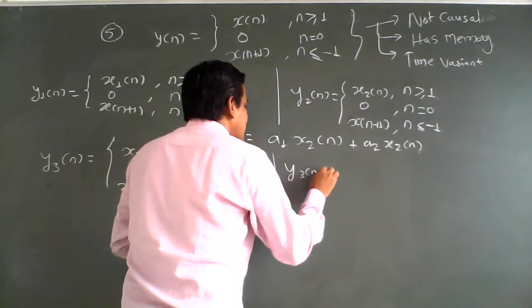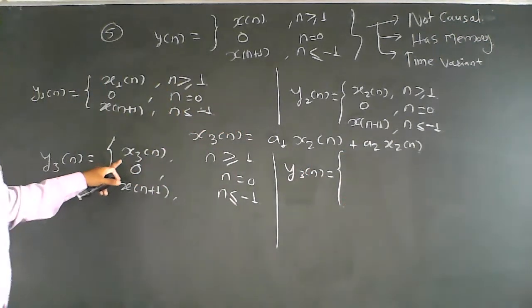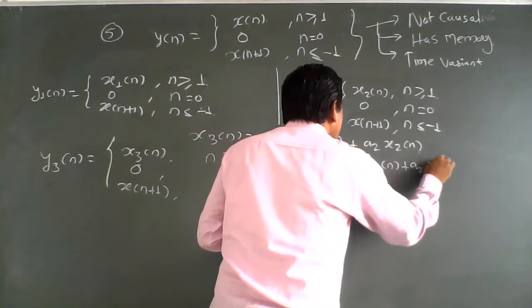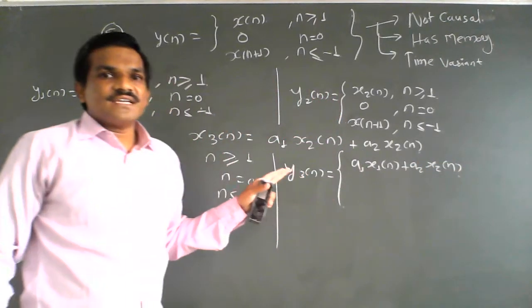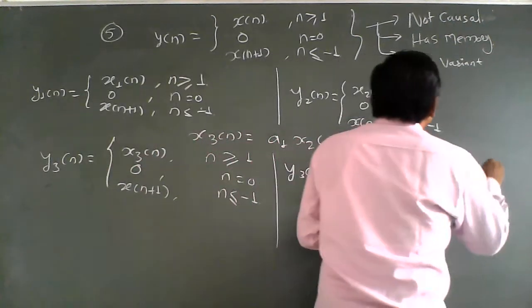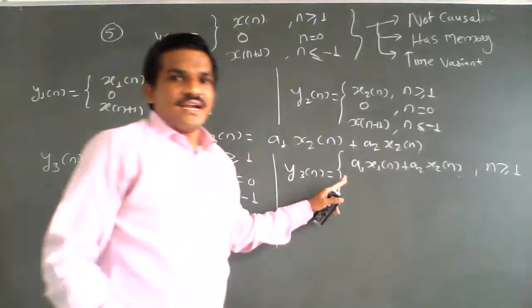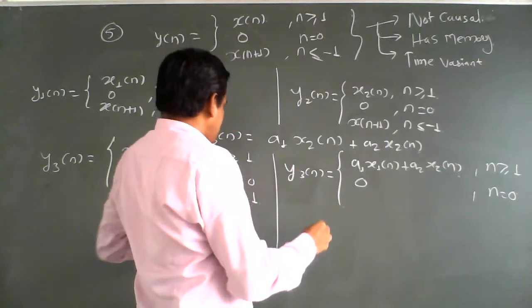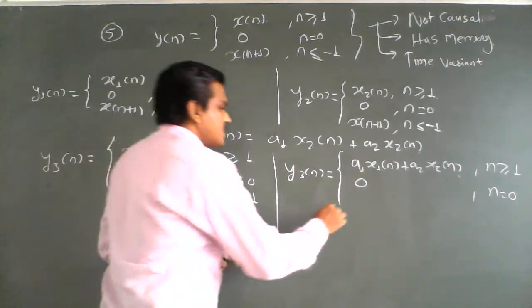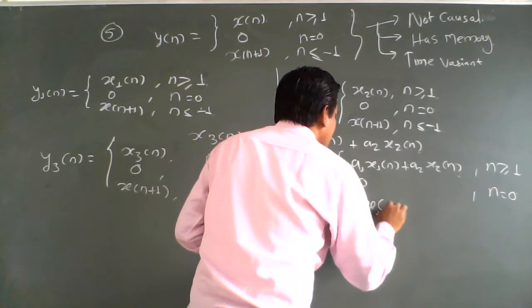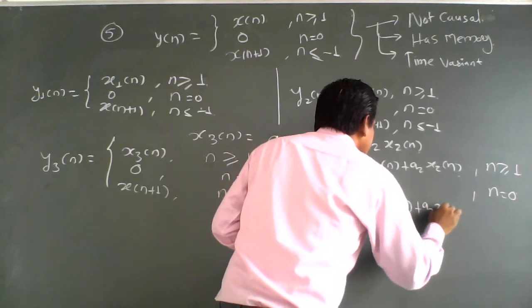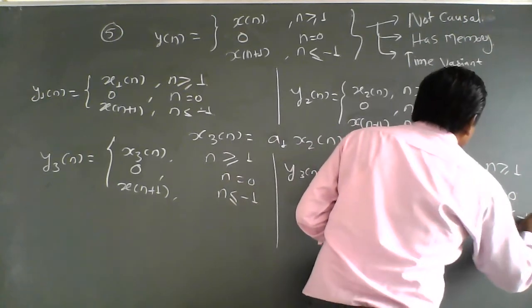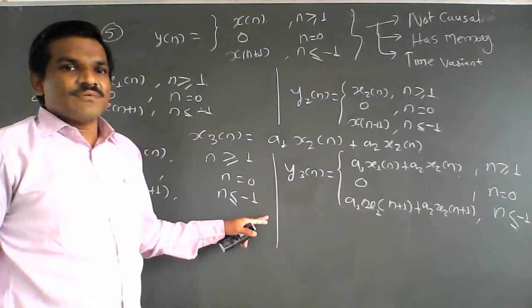y3 of n is equal to a1 x1 of n plus a2 x2 of n for n greater than or equal to 1, equal to 0 for n equals 0, and equal to a1 x1 of n plus 1 plus a2 x2 of n plus 1 for n less than or equal to minus 1.